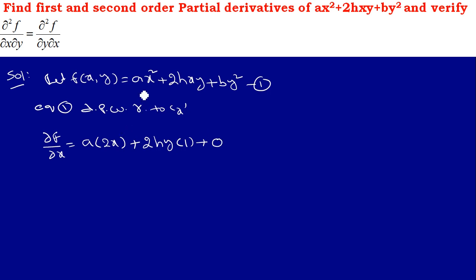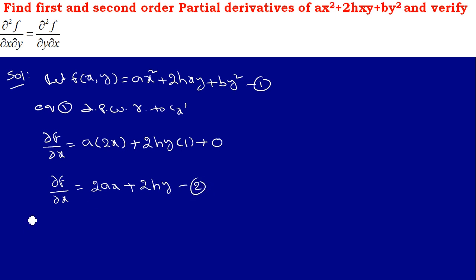With respect to x, y is constant; with respect to y, x is constant. Everyone knows this. Therefore ∂f/∂x equals 2ax plus 2hy. So this is equation 2.